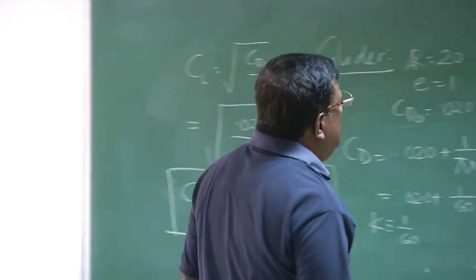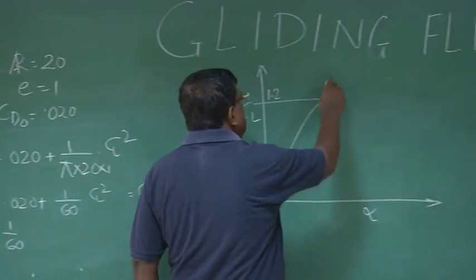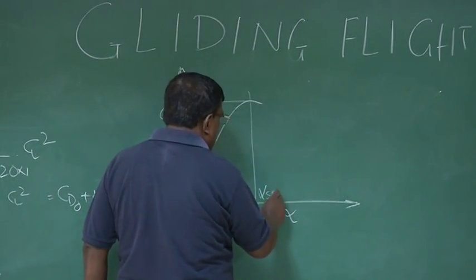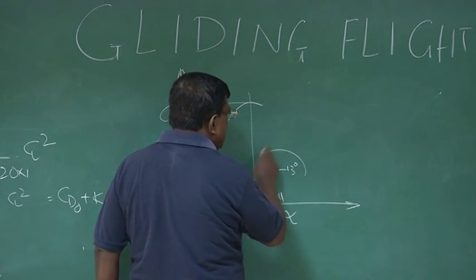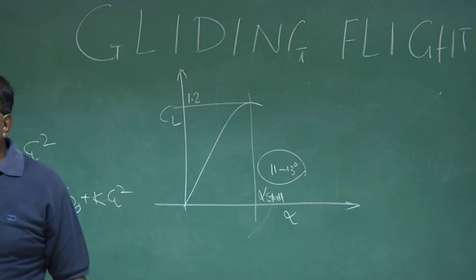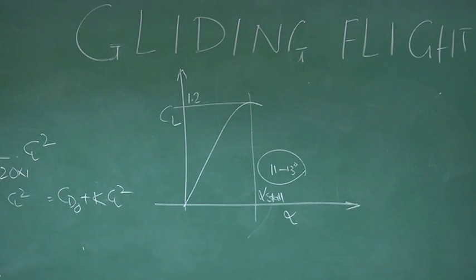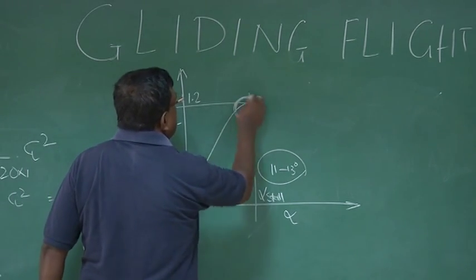And this angle is called alpha stall, which is also between 11 to 13 degrees, around that number. So essentially what you are telling, dear sir, is that to get maximum range, you fly somewhere here.